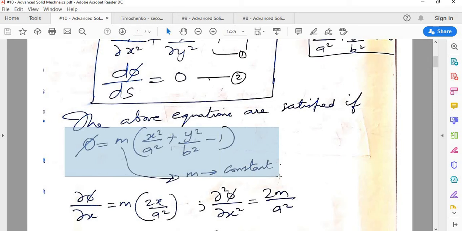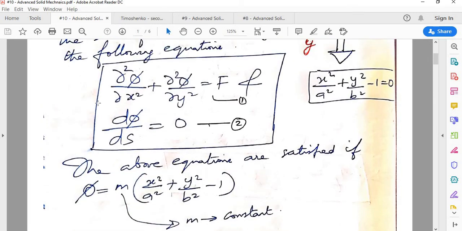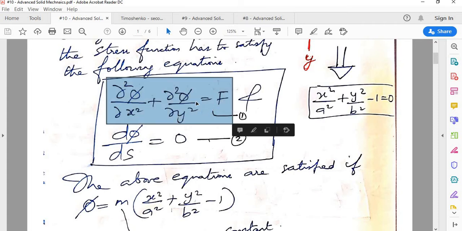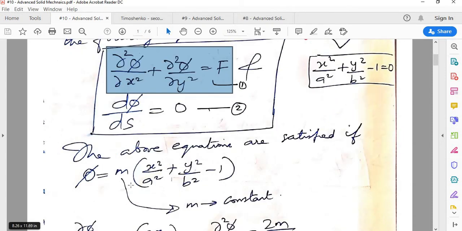Okay, so if you take phi in this form, needless to say it will identically satisfy this equation, because this is anyway 0, right? Now let us substitute it in the first equation to determine other features of this particular stress function.